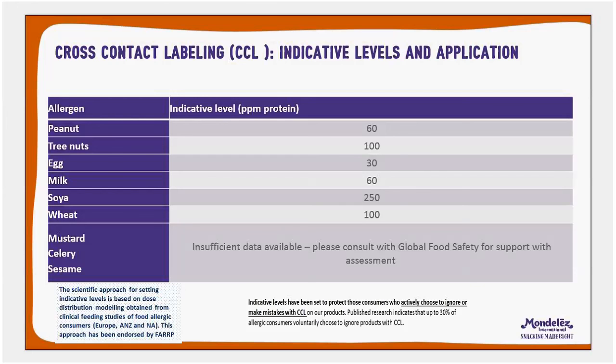So even though they are allergic to peanut, they see may contain peanut, 30% of them are still choosing to purchase and consume those products. So we are trying to restrict how much peanut protein would be present in those sample types so that they do not have serious reactions.